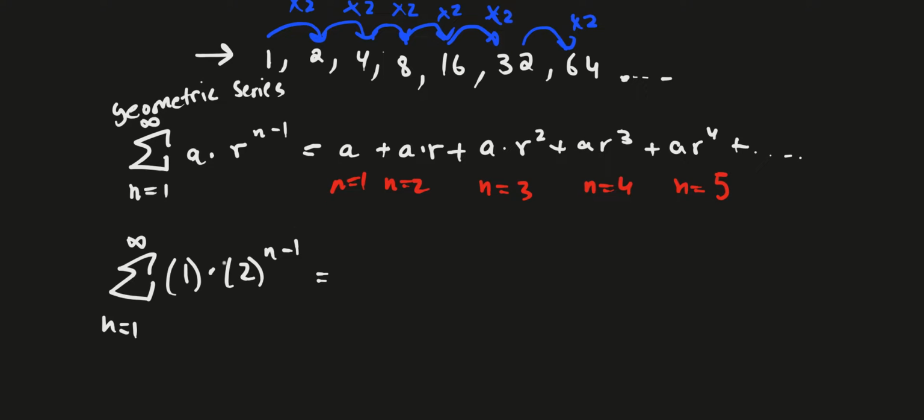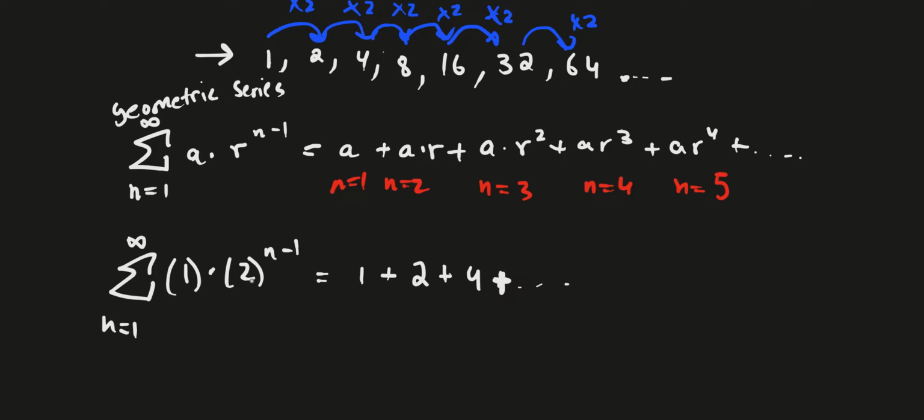When we have n equals 1, we end up getting positive 1. And then we have plus, when n equals 2, we obtain the value 2. n equals 3, we have 4, and so on and so forth. That's exactly what we have up there.